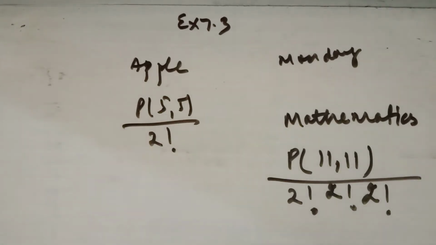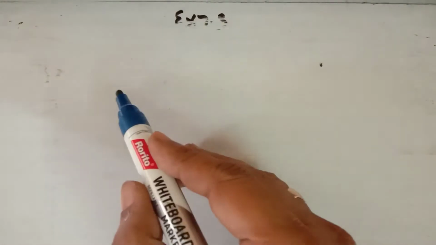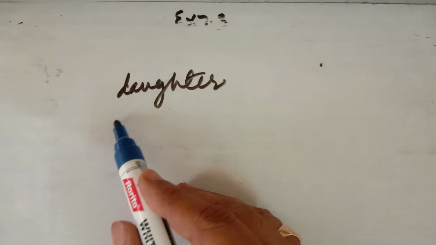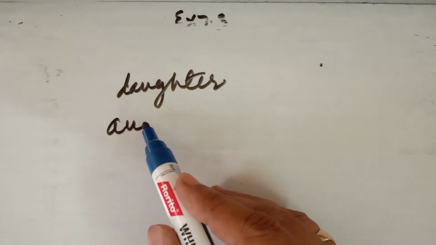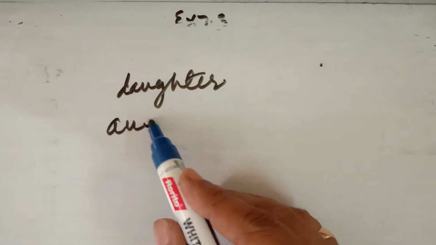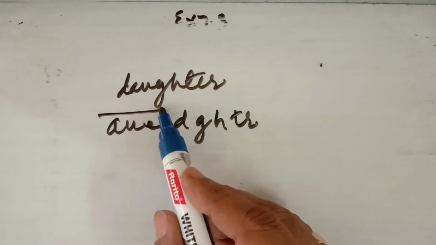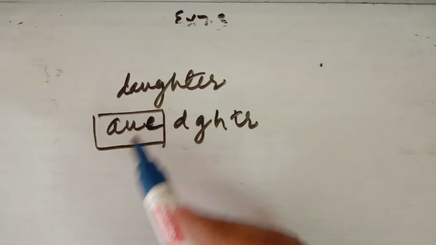Now another type is to keep a certain thing always together. There is a word daughter, in which we want to know how many words you can make by using all the letters of the word daughter in which all vowels are together. The vowels are A, U, E, and the others are D, G, H, T, R. So you have to take all these vowels always together.